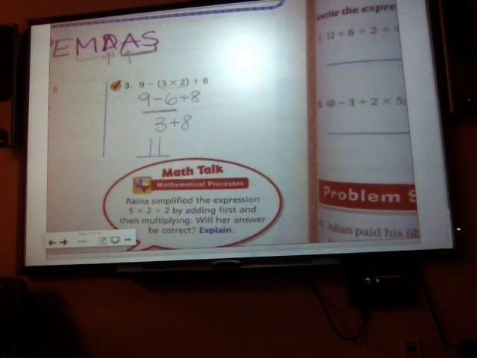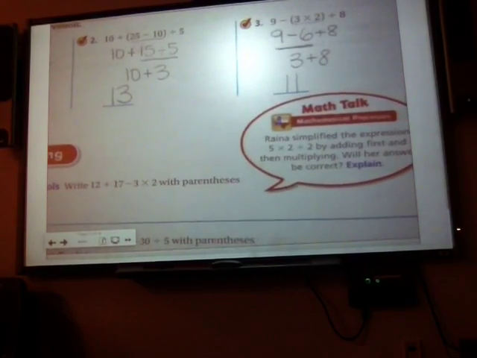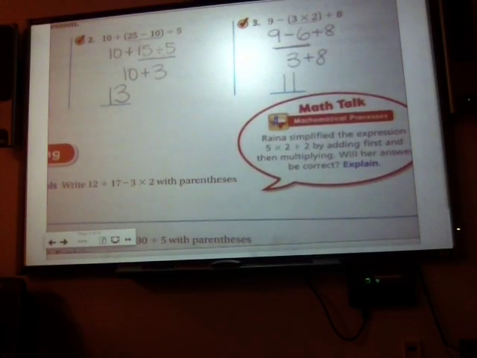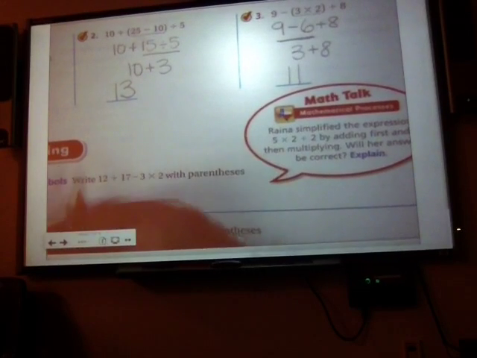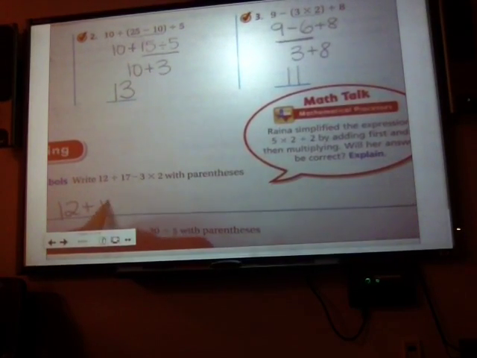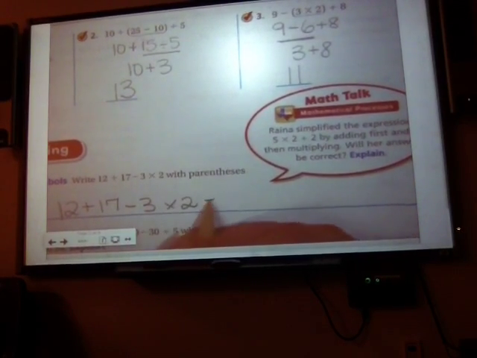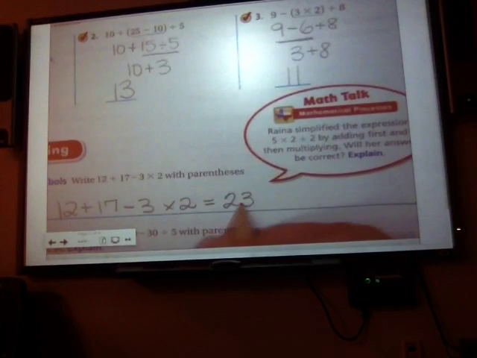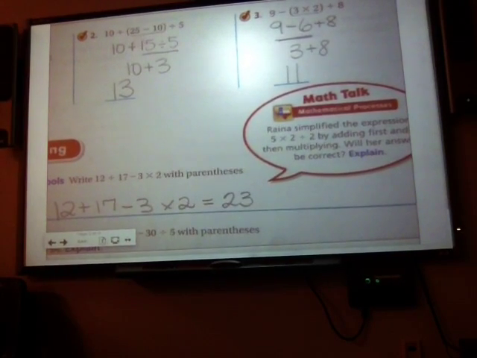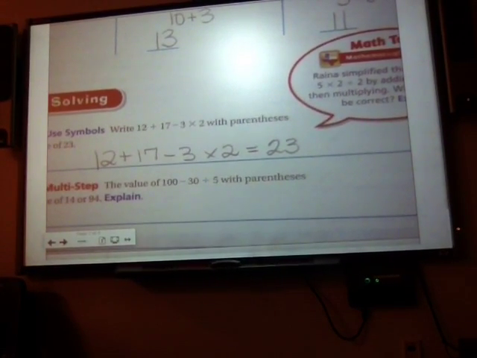All right, real quickly, we need to move on to question number 4. It says HOT, which is higher level thinking. You're going to do this on your gold pages today, and it's telling you, write 12 plus 17 minus 3 times 2 with parentheses so that the value is 23. So pull out your spiral, and we're going to work on this.